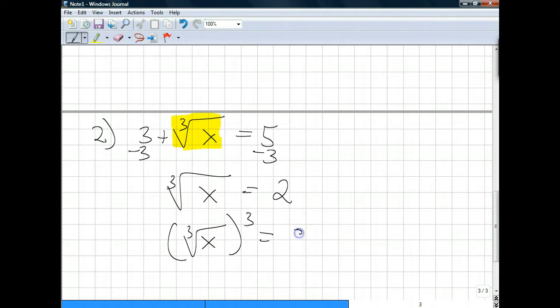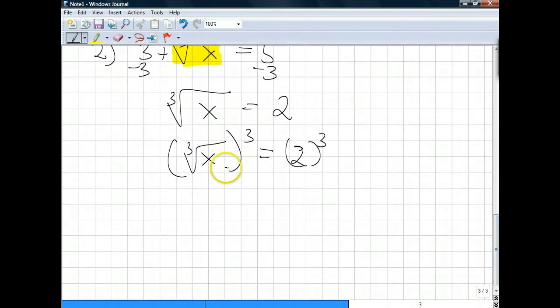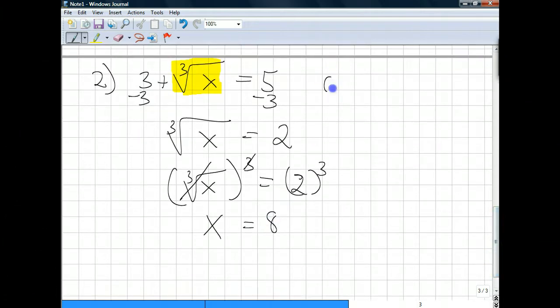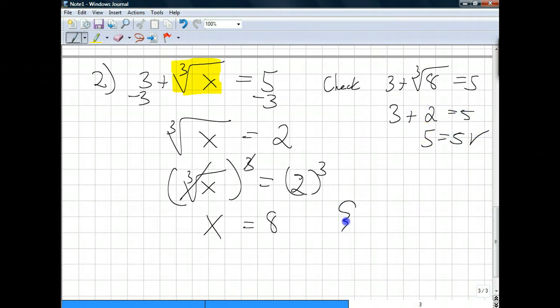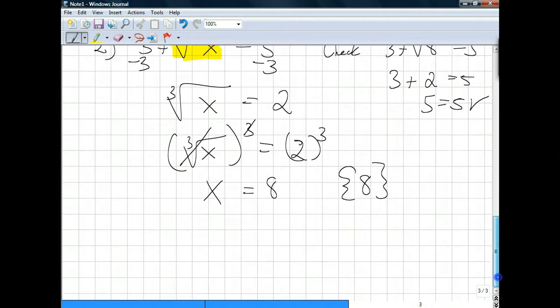The index is 3, so I'm going to raise both sides to the third power. So when I raise to the third power, this cancels the radical, so I'm left with just x, and 2 cubed is 8. So now to check, come back to the original. So 3 plus the cube root of 8, is that equal to 5? So 3 plus cube root of 8 is 2. It checks, so our solution here is 8.